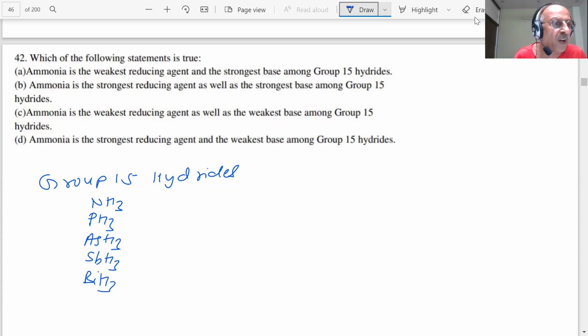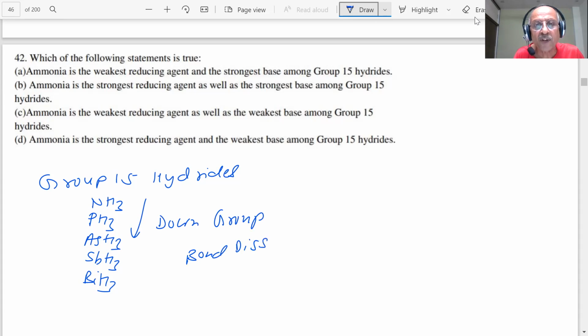So what is happening, student? In this case, as you go down the group, what is happening? The bond dissociation enthalpy decreases.